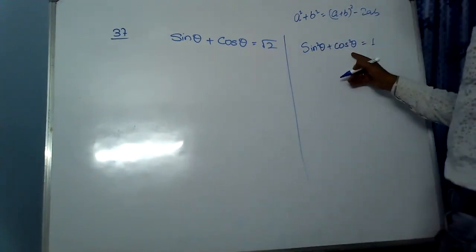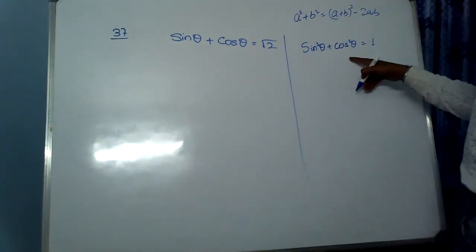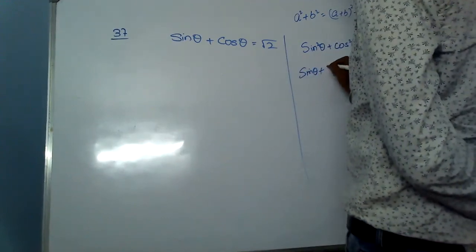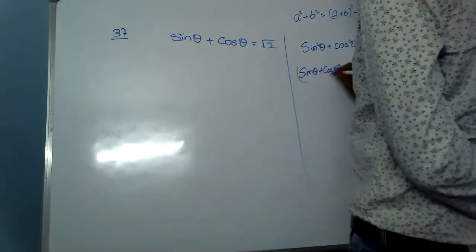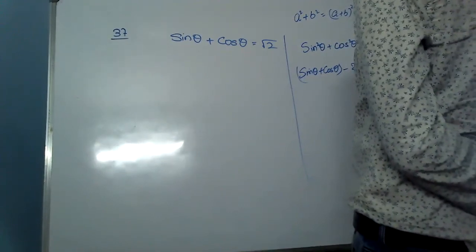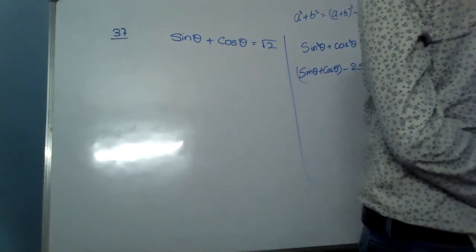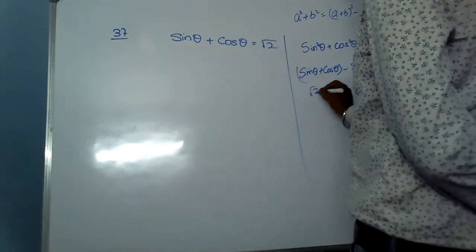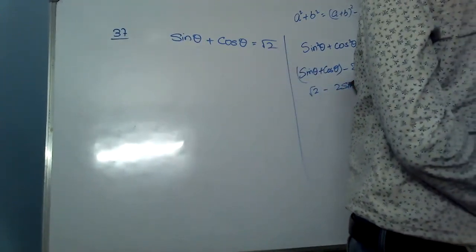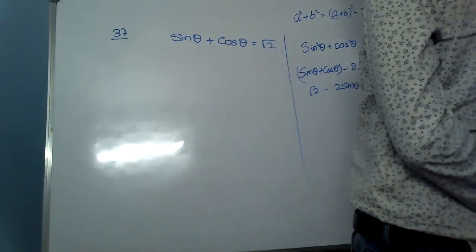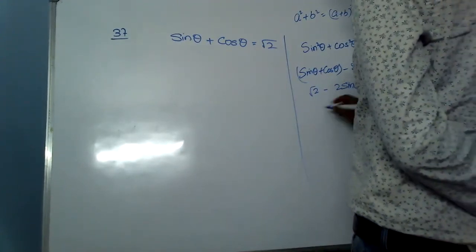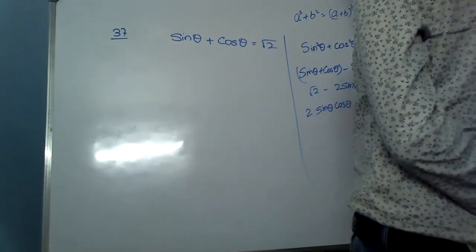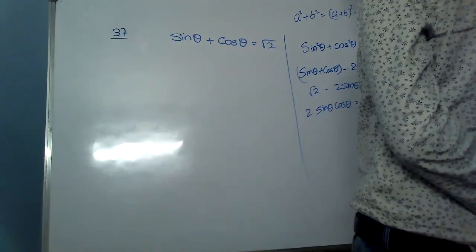So same way, if sine theta is a, cos theta is b, I can write sine theta plus cos theta whole square minus 2 sine theta cos theta equals 1. Now sine theta plus cos theta is given to me as root 2, so root 2 squared minus 2 sine theta cos theta equal to 1. If I send it the other side, I'll get 2 sine theta cos theta equal to root 2 minus 1.